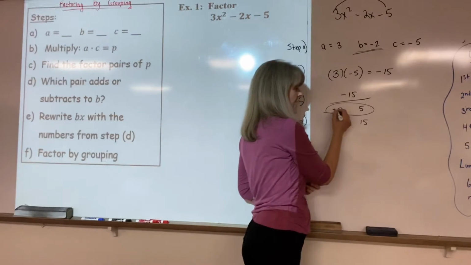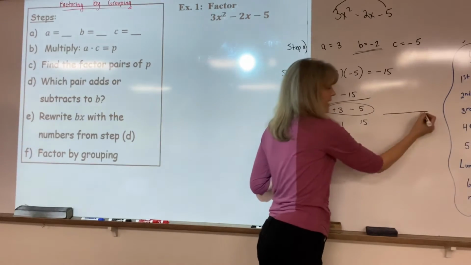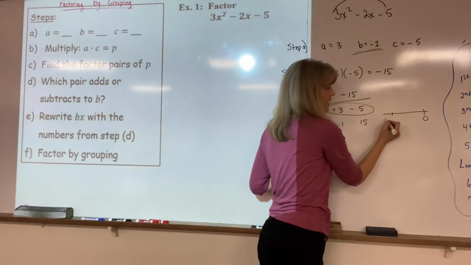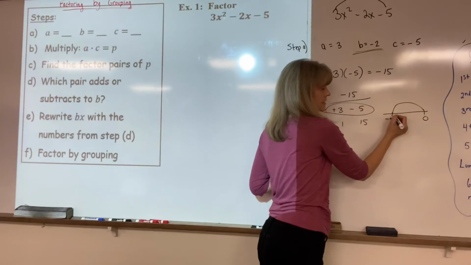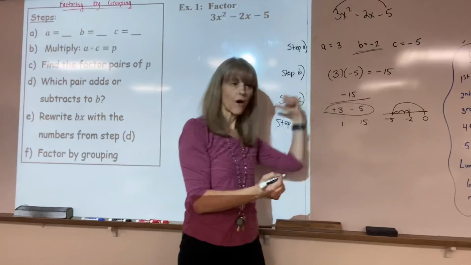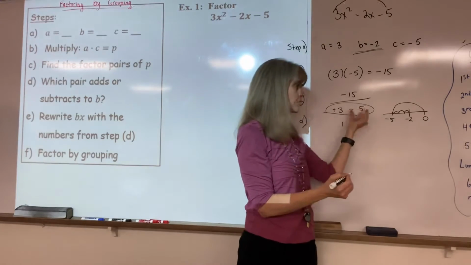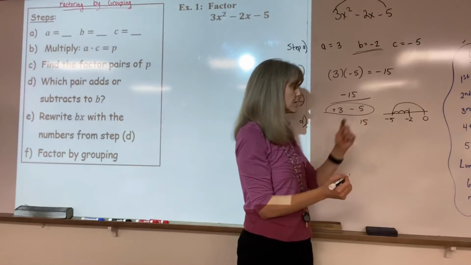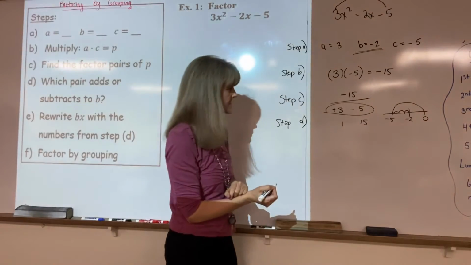Plus 3 minus 5, because on my number line, I want to go all the way out to -5 and then come back 1, 2, 3 to end up at -2. You want to go farther negative in order to end up negative. So your bigger number has to be the -5.